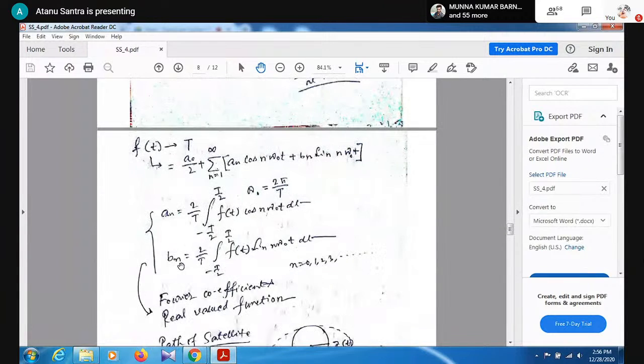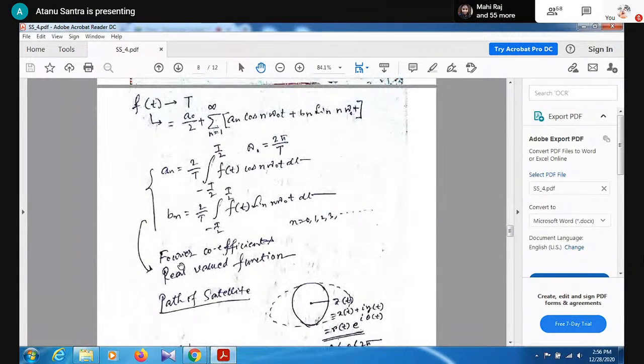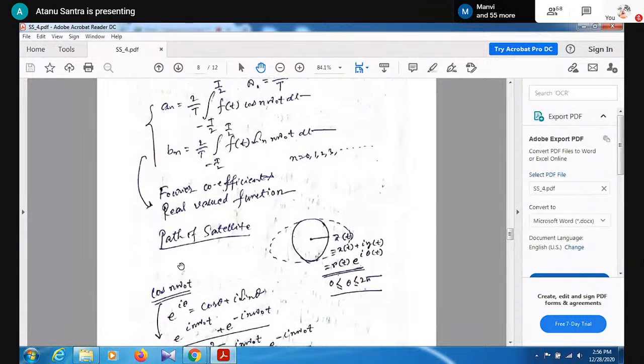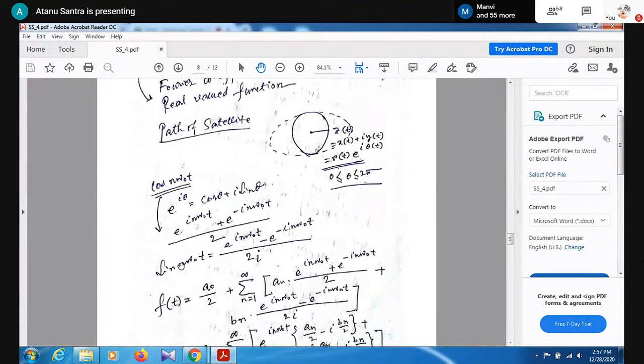And then we discussed the complex valued Fourier series expansion. We decomposed the cosine term and sine term into exponential functions.